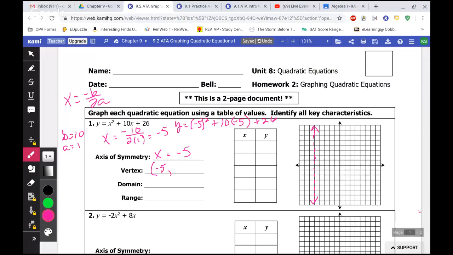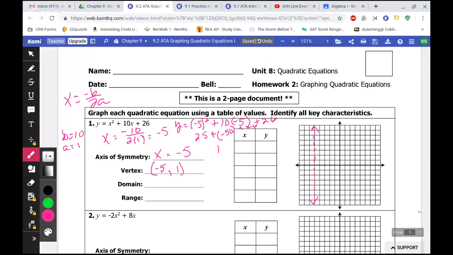So we have -5 squared, which is going to be +25. And 10 times -5 is -50. Plus 26. So 25 plus -50 is -25. Plus 26 is going to be +1.